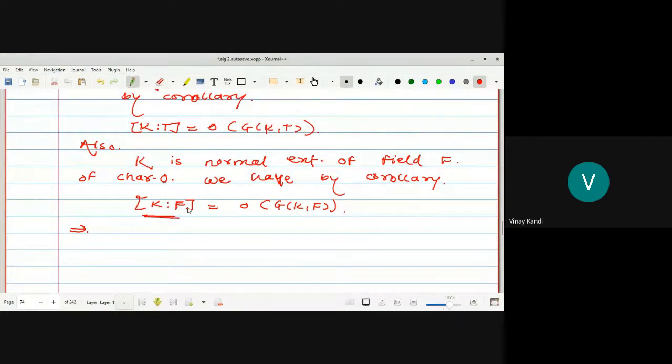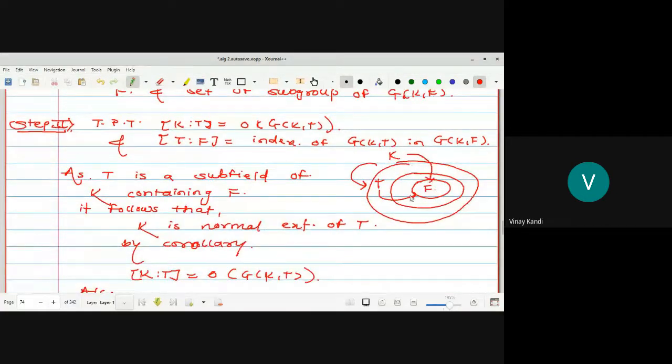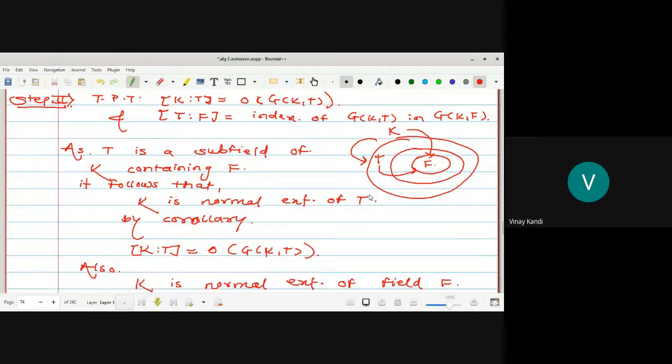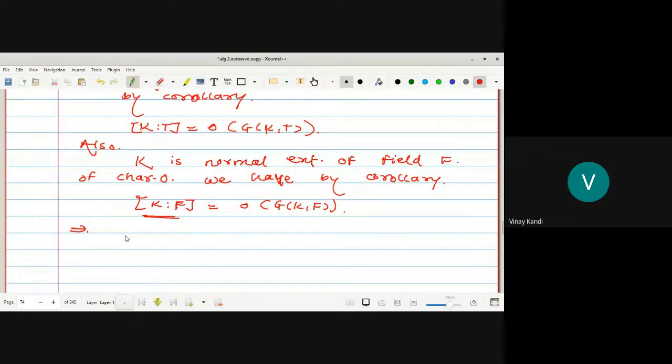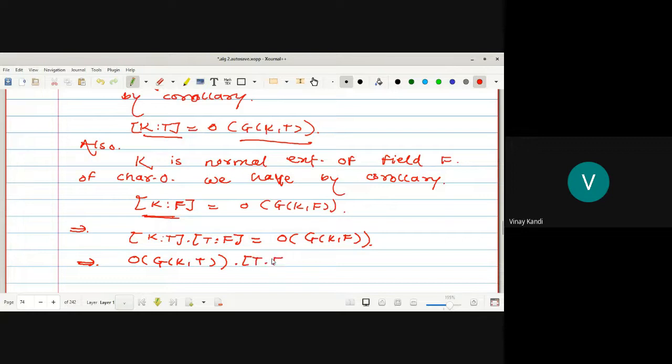By the transitivity of finite extension, degree of K over F is equal to degree of K over T into degree of T over F. So the order of G(K,F) is equal to the order of G(K,T) into the degree of T over F.